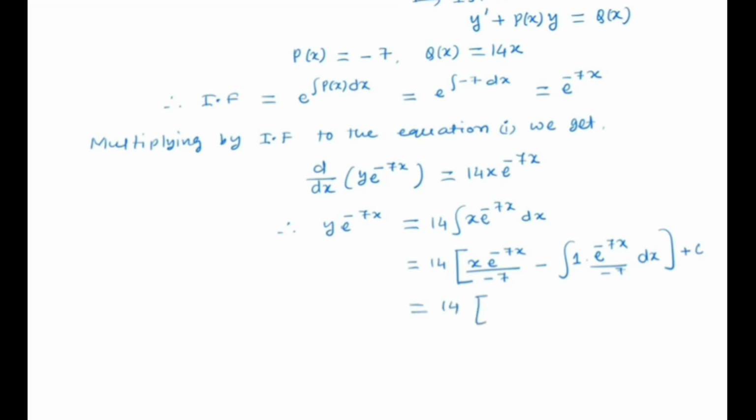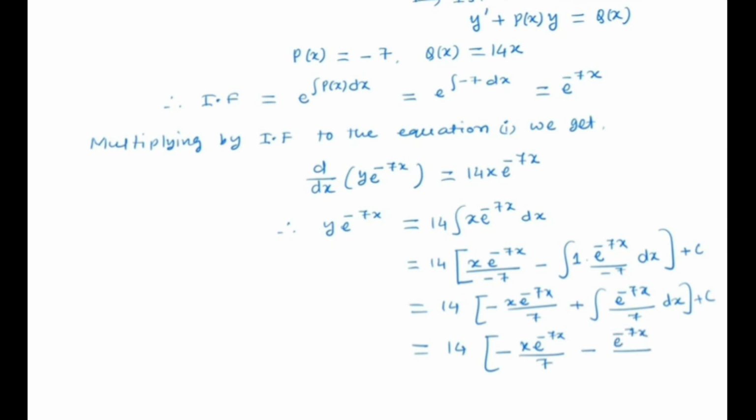So 14 times minus x e power minus 7x by 7 plus e power minus 7x by 7 dx. So this will be minus x e power minus 7x by 7 minus e power minus 7x by 49 plus c. So this is equal to y e power minus 7x.